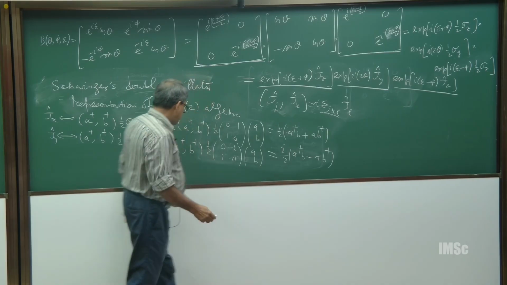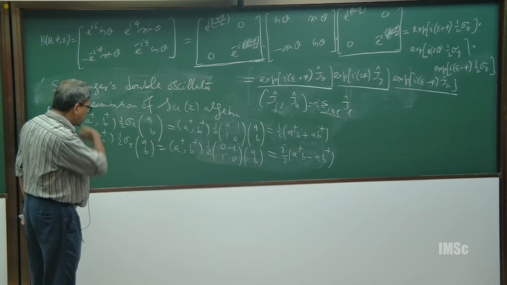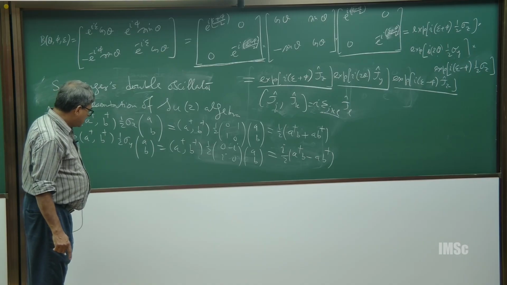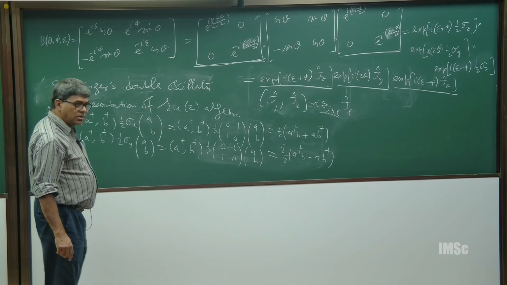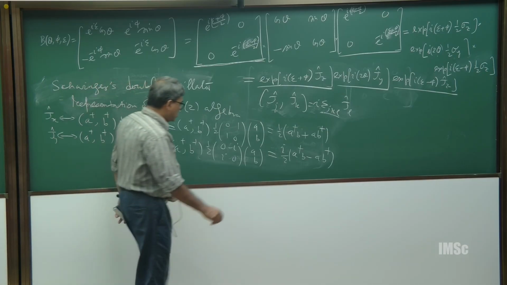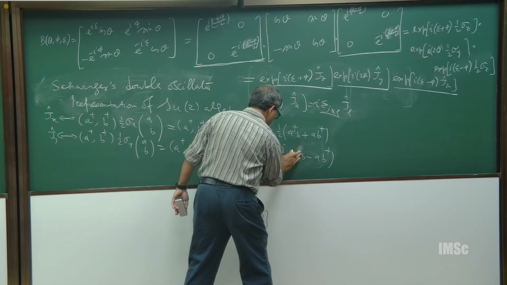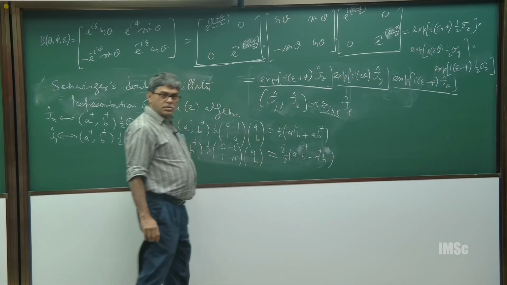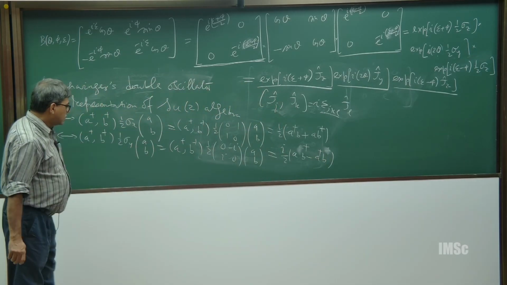Or maybe the opposite. You'll have to be careful. Yes, it should be minus i by 2, A dagger B plus A B dagger. Just put a minus i there. Okay, that's right.